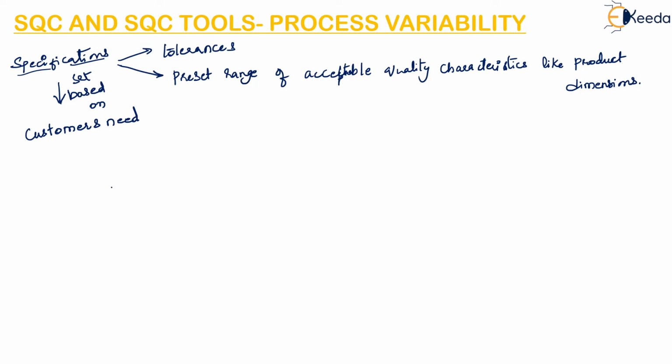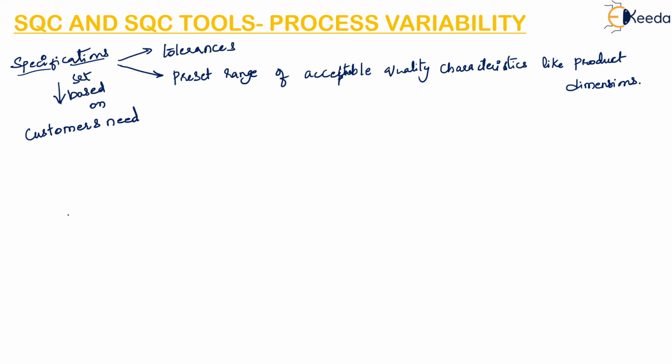We have already learned that any production process has certain natural variations associated with it. It cannot be completely perfect. So to produce an acceptable product, the process variation should not exceed the preset specifications.